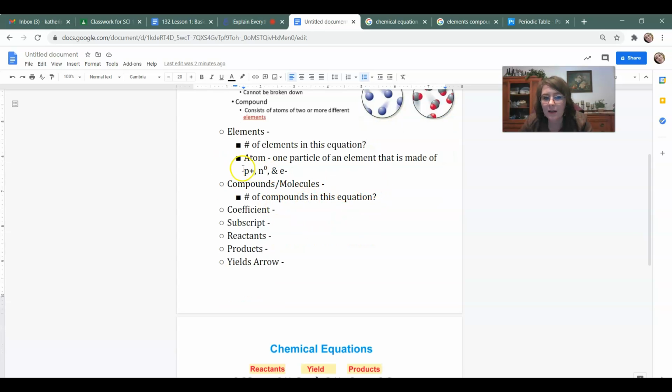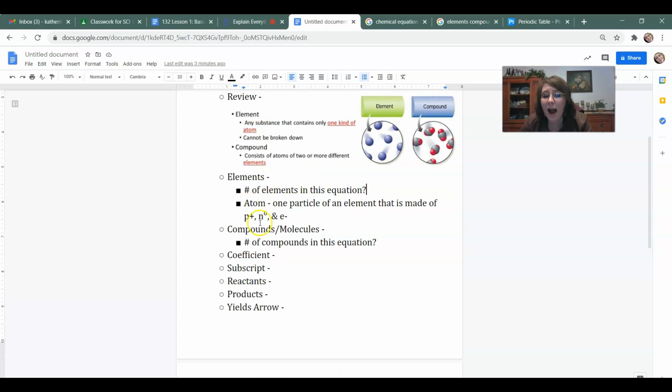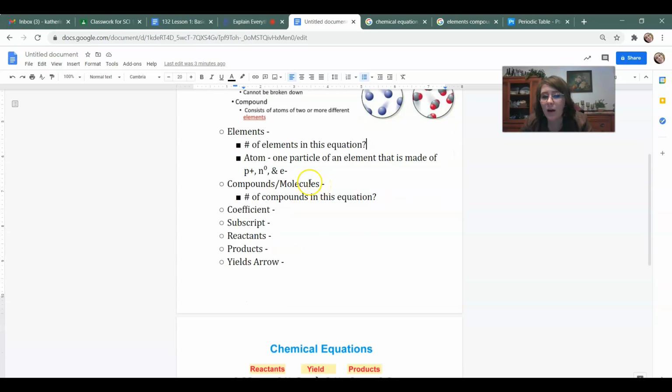Okay, so let's go ahead and look at the compounds and molecules here. Even though we only have 3 elements, we might actually have more compounds and molecules that these are being arranged into. Our atoms are like one little dot or one little Lego, and we're going to put those Legos together into bigger pieces. So let's count.